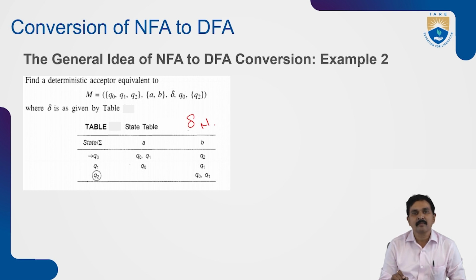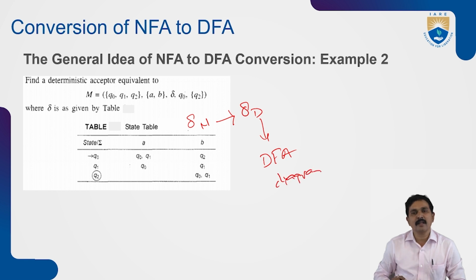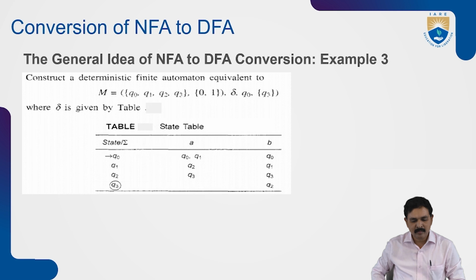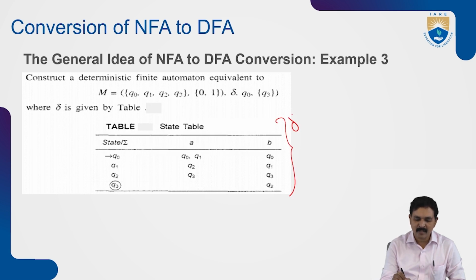Similarly, you can also solve a given table, delta N, the NFA transition table. From that you have to construct the DFA transition table, and from that the DFA diagram. This is another example, same. This is also another example where delta N is given. We must solve the DFA transition table and also the DFA diagram.